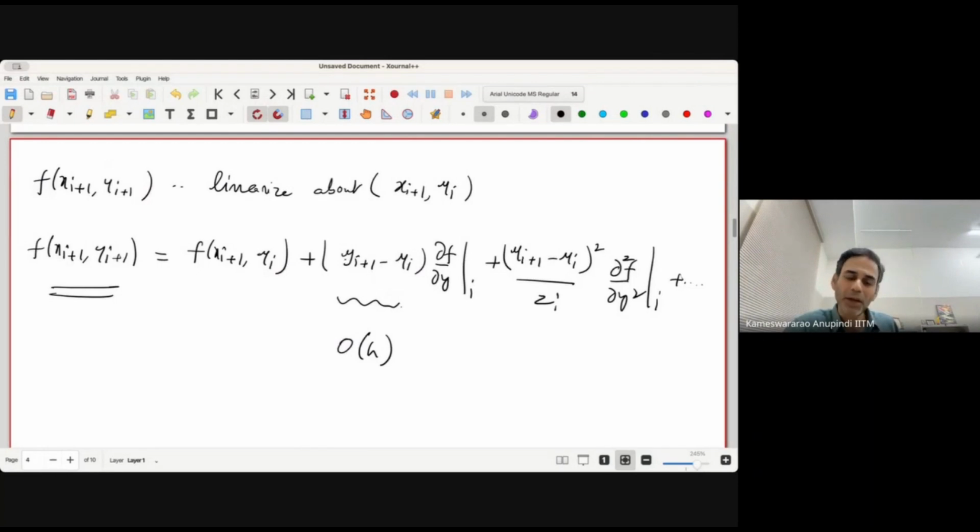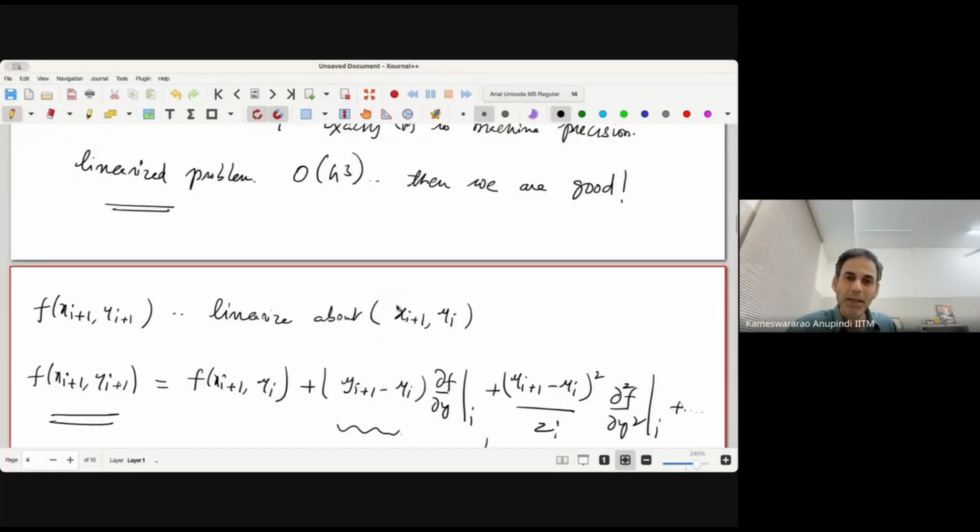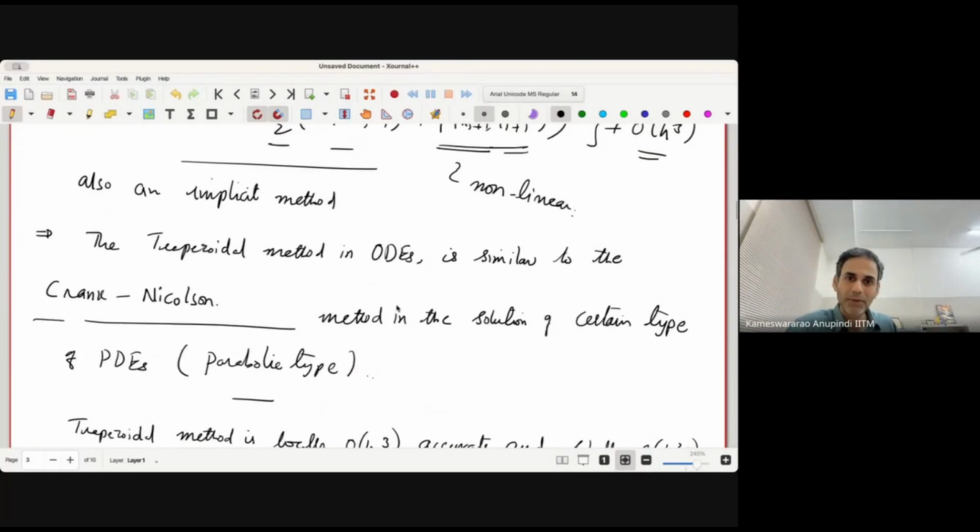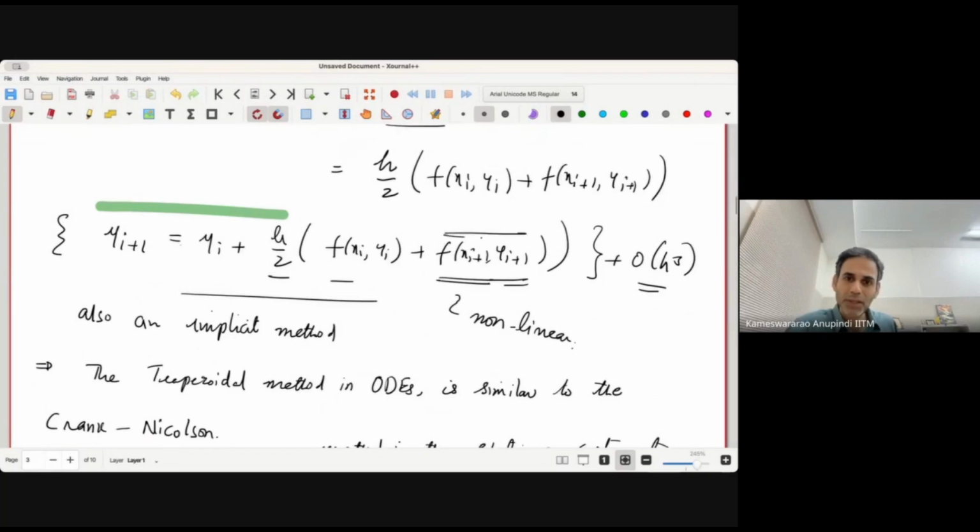So approximating yi plus 1 about yi is order h accurate. But there is a multiplication with h here. So this term is going to be order h times order h, which is order h square.